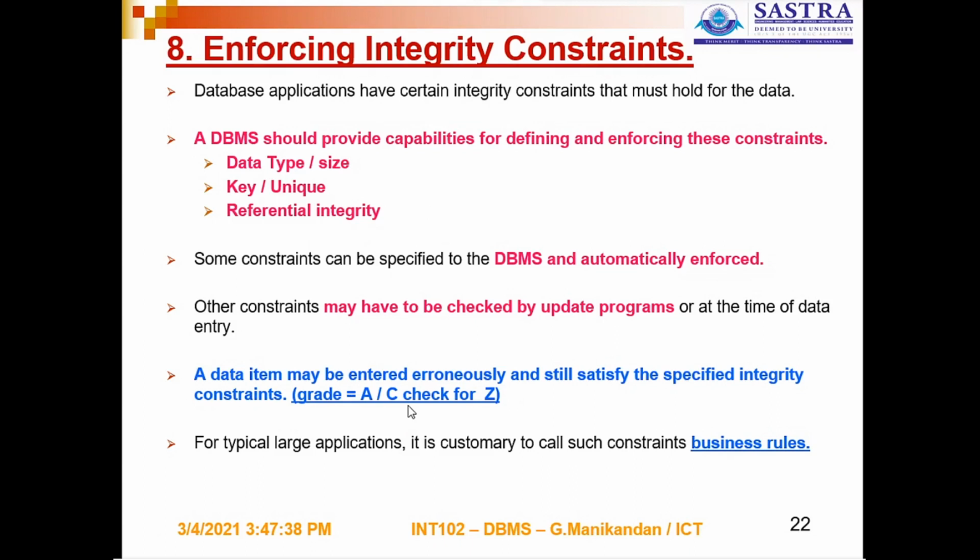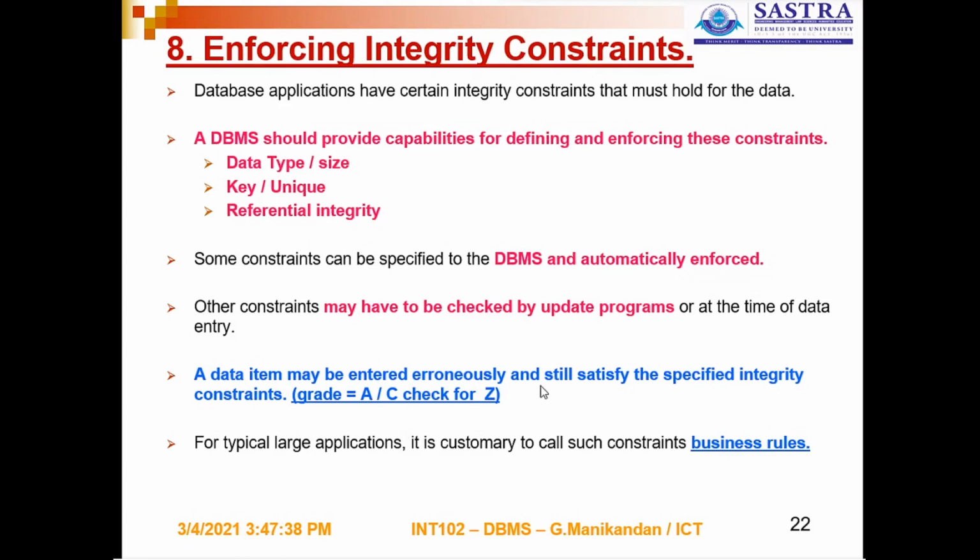It may be A or B or C. So I can incorporate a check constraint saying that only these 3 values are permitted for this particular field. At the time of giving input, if the user supplies Z, your constraint will be violated. It won't work. It will show you an error.